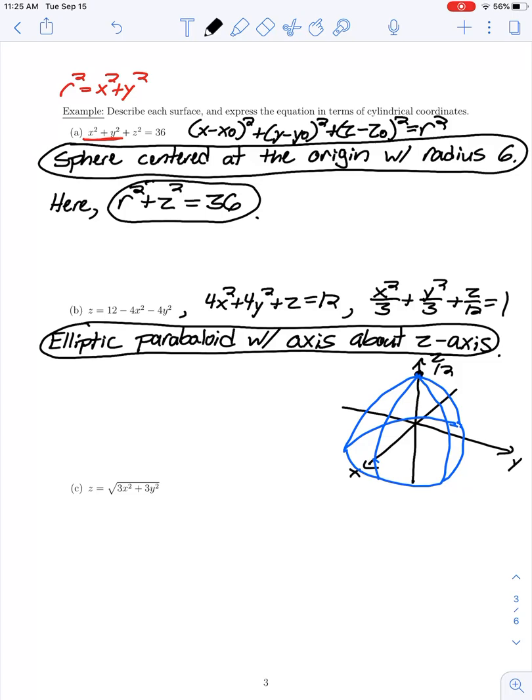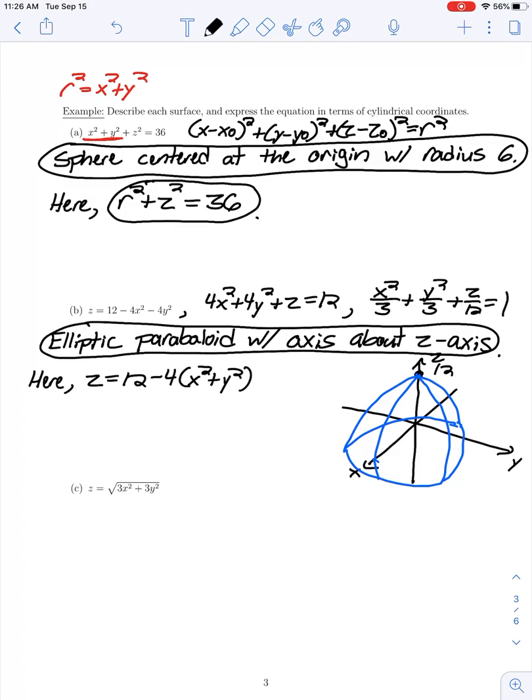And we want to rewrite this in terms of cylindrical coordinates. So let's take a look at this. We had the equation z is equal to 12 minus 4x squared minus 4y squared. So if I factor out a negative 4 from those terms, I'm left with x squared plus y squared.